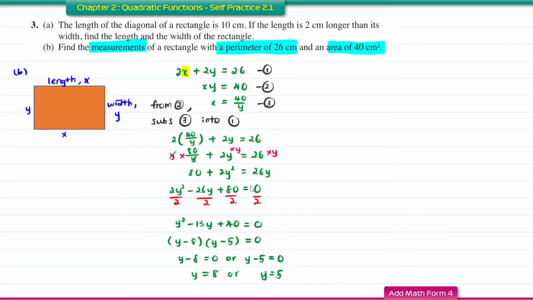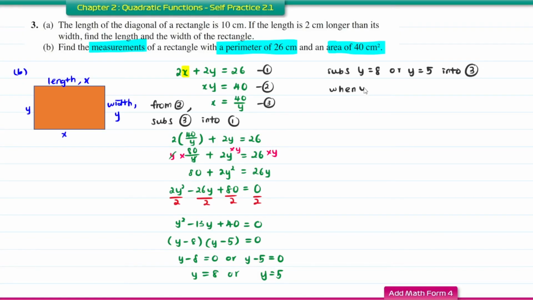Now we want to find what is the x. So next, we are going to substitute y equal to 8 or y equal to 5 into equation number 3 to find the value of x.